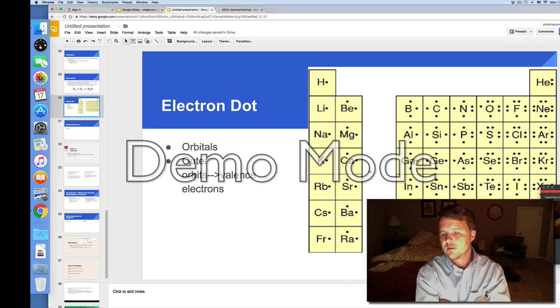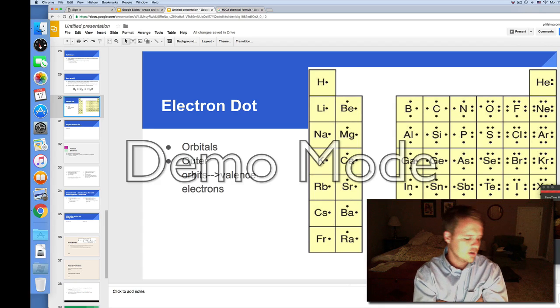Chlorine has 7 in each. So it takes 2 chlorines to match up with the 2 electrons of zinc. So the formula is ZnCl2.